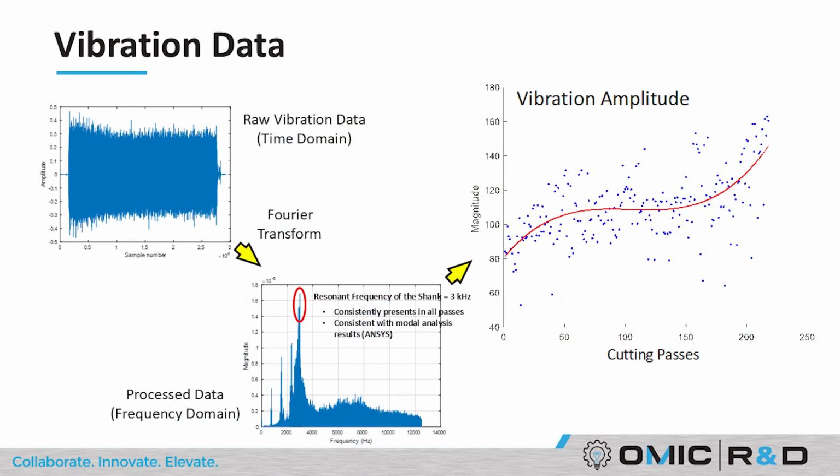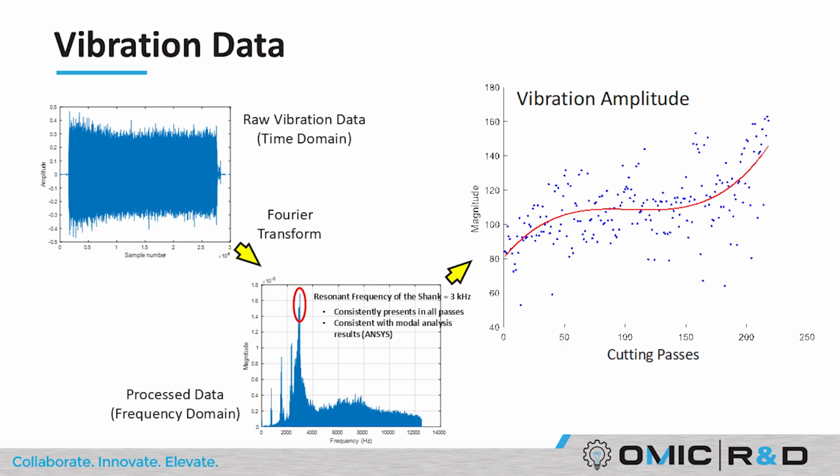About the raw data from the sensors, this is a glance of the vibration data we got from the accelerometer. Specifically, we tried principal component analysis for this raw data and picked out the frequency component. This is the result of the fast Fourier transform, and we picked the component at 3 kilohertz. This frequency is actually associated with the spindle speed of the cutting process.